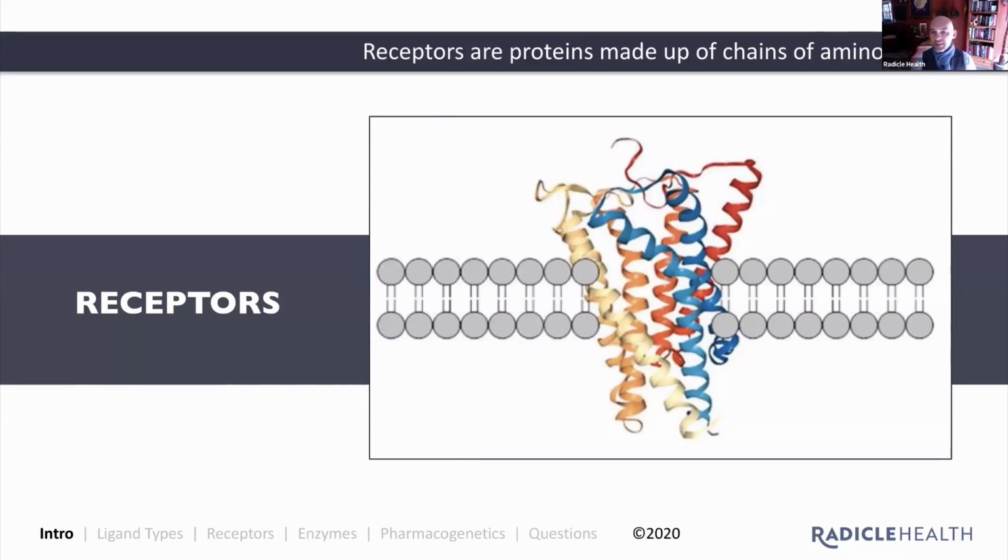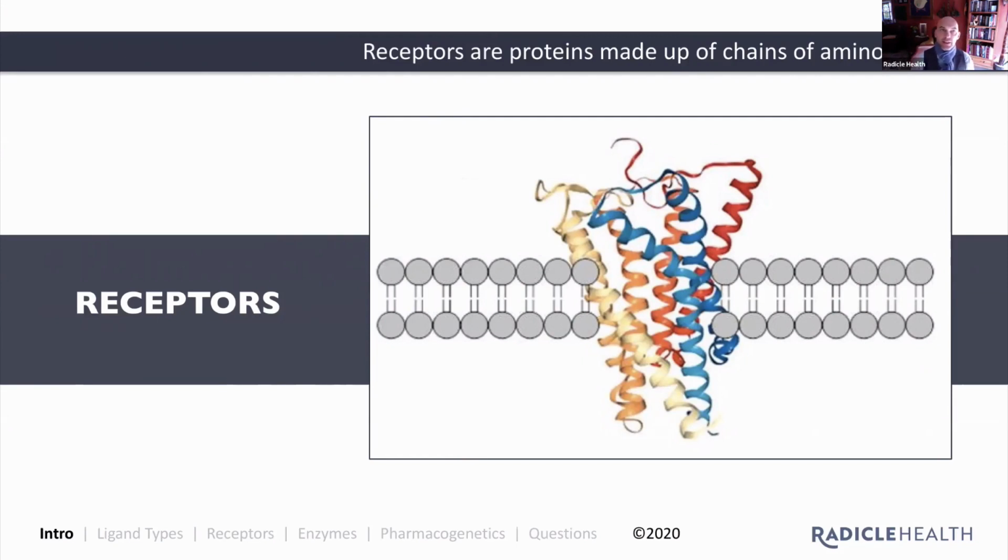Before I move off of this slide, I do want to talk a little bit about a term, G-protein coupled receptor. Cannabinoid receptors and many of the receptors that we're going to talk about today are G-protein coupled receptors. They have a couple of different distinguishing attributes. The first one is that they penetrate the cell membrane 7 times, so they kind of wind in and out of the cell membrane 7 times.